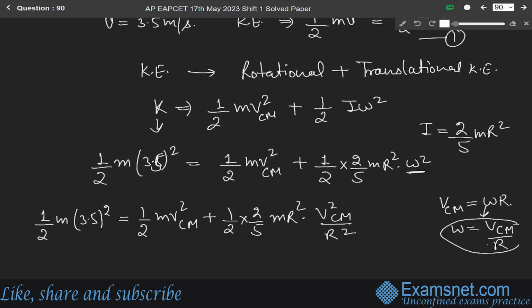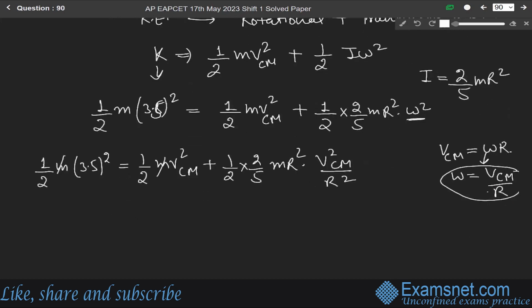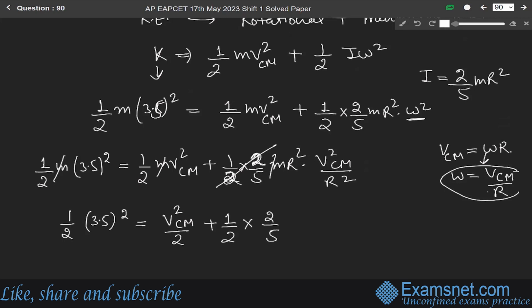Now m cancels, 2 cancels. So we get 1 by 2 into 3.5 square equals v square over 2 plus, don't cancel this 2, just write it as it is, it will be easy to solve, 2 by 5 into, the r square cancels, into v square.